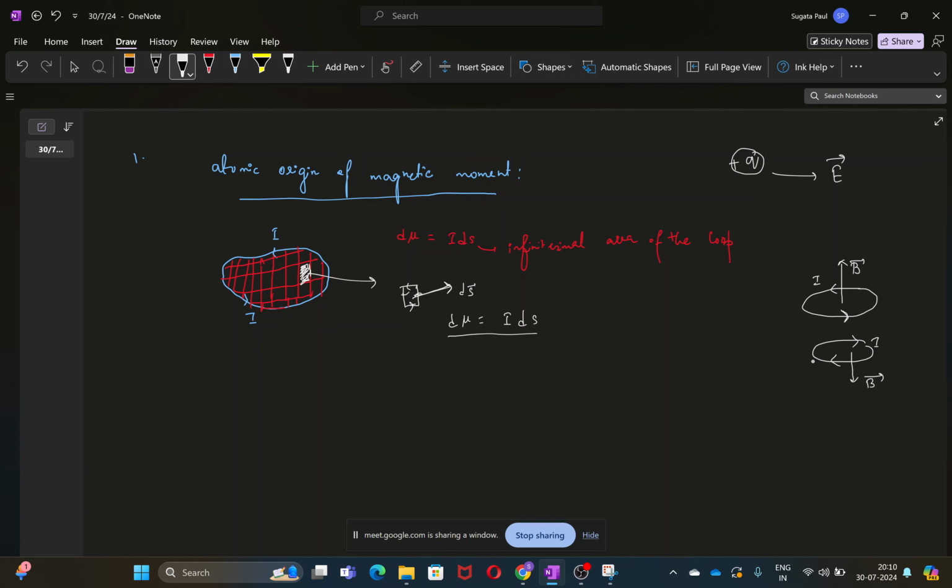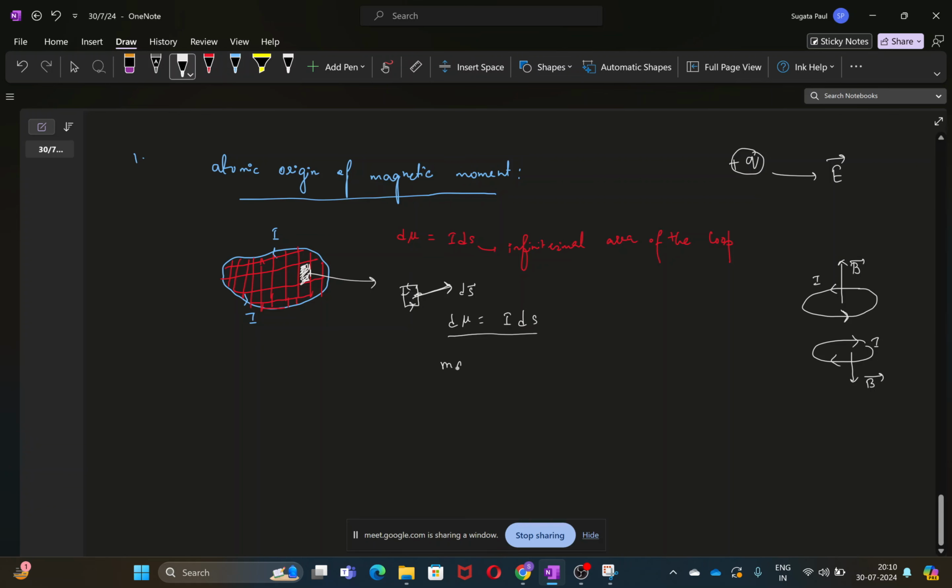Basically it produces some magnetic moment in the atoms that the solid object consists of. The most fundamental concept about magnetism is basically magnetic moment. So this is the infinitesimal portion of the magnetic moment dμ coming from the contribution of this small infinitesimal loop portion inside the whole loop, and it is defined as current times area.